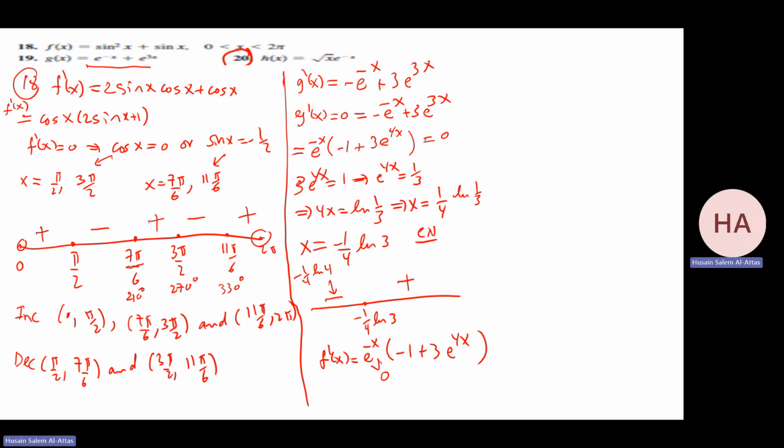So it's decreasing from minus infinity to minus 1 over 4 ln 3, then increasing from minus 1 over 4 ln 3 to infinity. The only problem is here. You take this value, I think you can figure it out easily. And it's a negative interval.